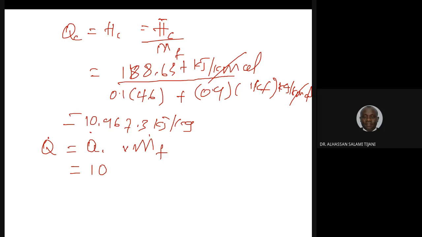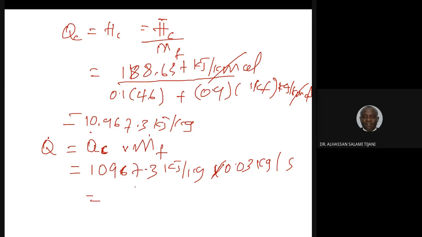So this is my QC, 10,967.3 kilojoules per kilogram times the mass flow rate, 0.03 kilogram per second. This gives me 329 kilowatts.